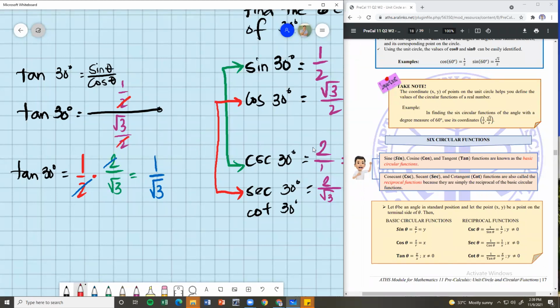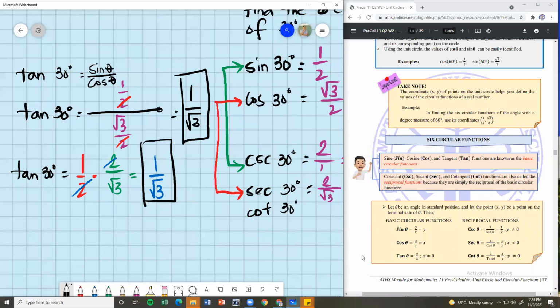So what's left is 1 in the numerator over the square root of 3 in the denominator. That's it. And they are just the same. Can you follow? So whichever method you want, no problem. Show a reaction if you understood the process for the tangent. Let me see. Carry pa? Okay. Thank you.